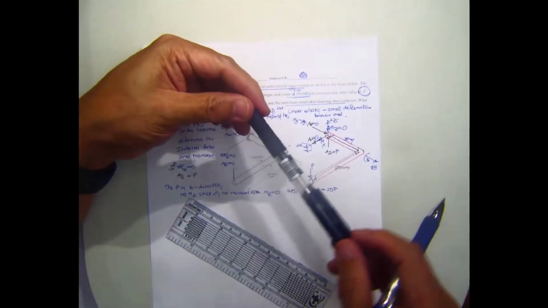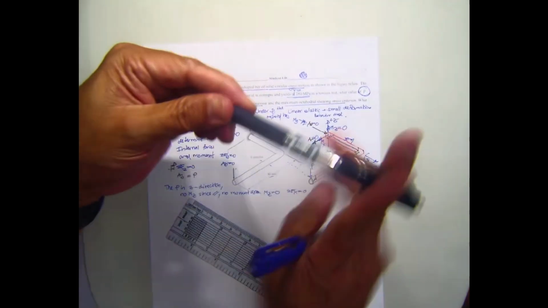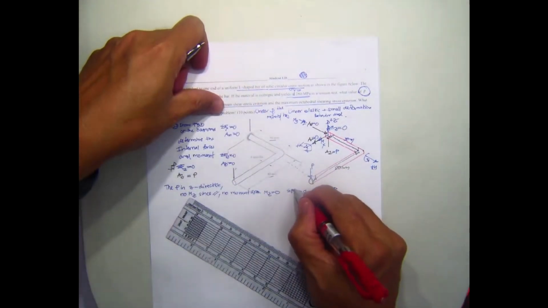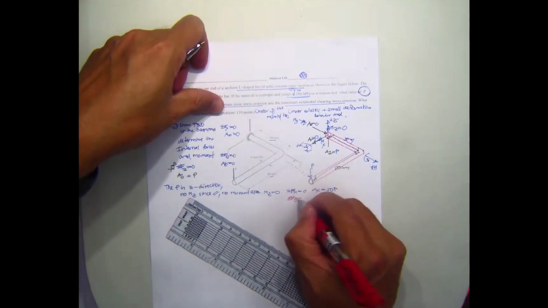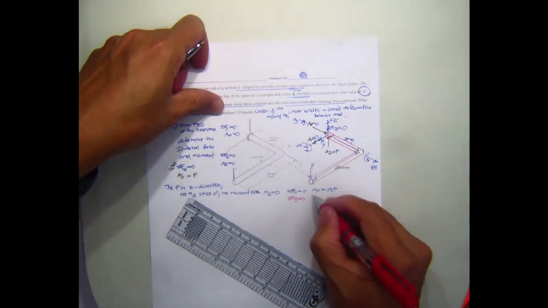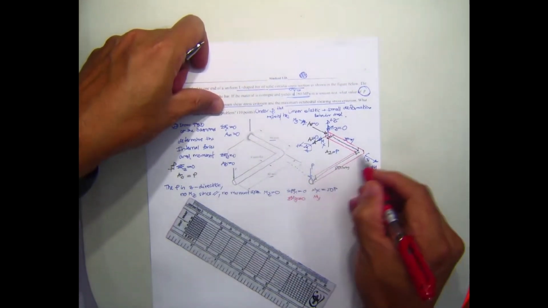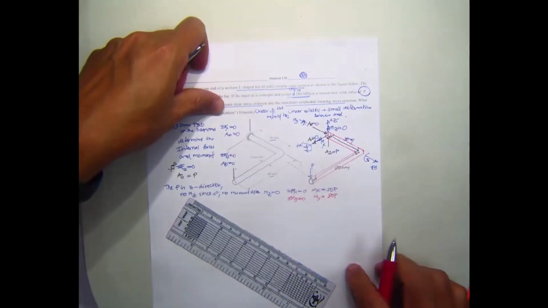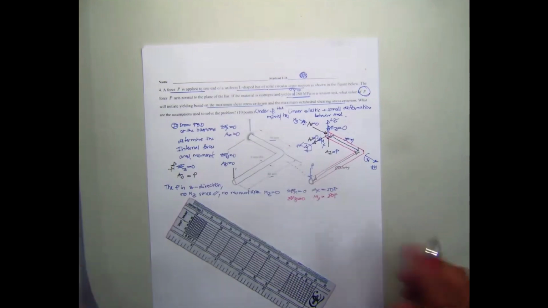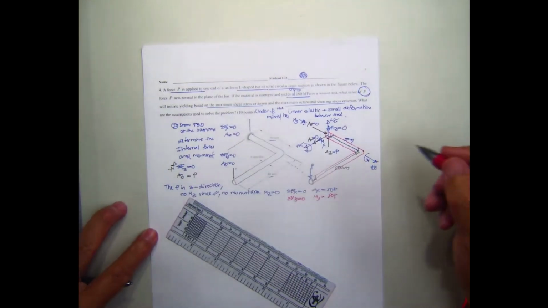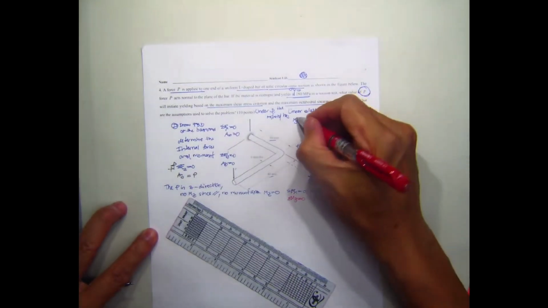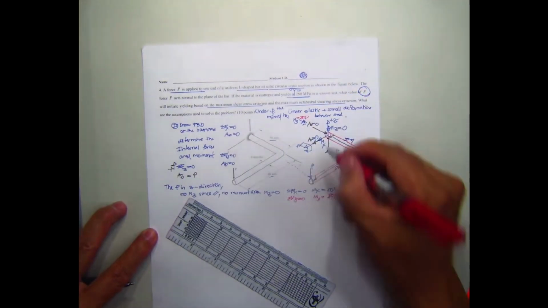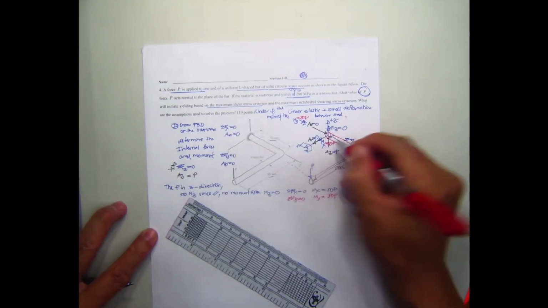Okay, and then that is this way, in the Y direction. Summation of M sub Y equal to 0. M sub Y is going to be equal to 80 times P. So this is only M sub Y equal to 80 times P, and M sub X is going to be 50 times P.